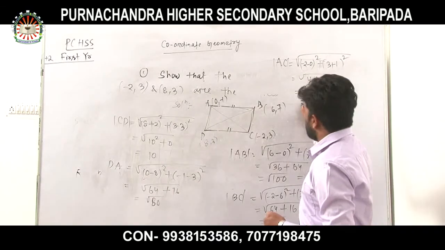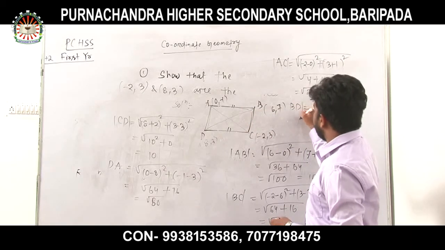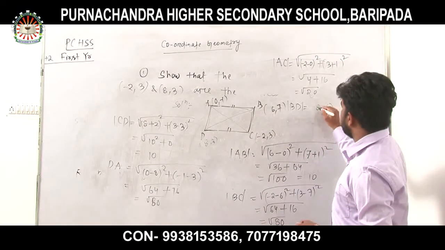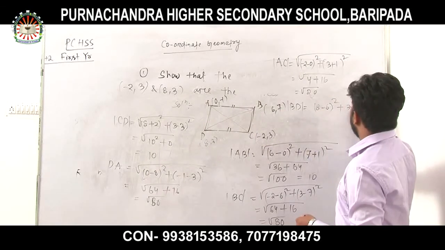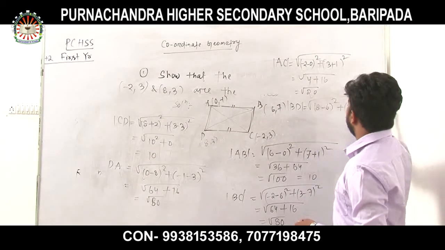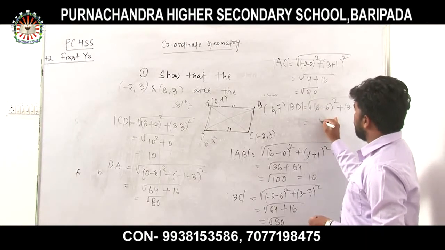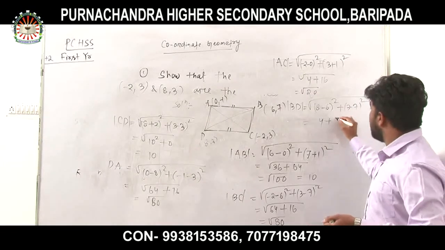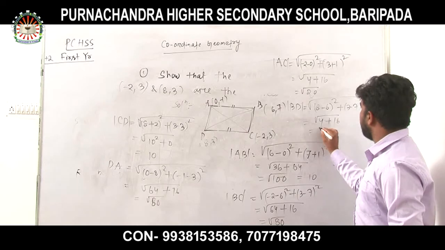And also calculate BD, which equals (8 minus 6) square plus (3 minus 7) square, that is 2 square is 4, plus (-4) square is 16, root 20.